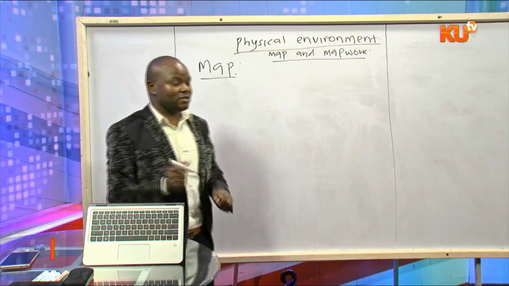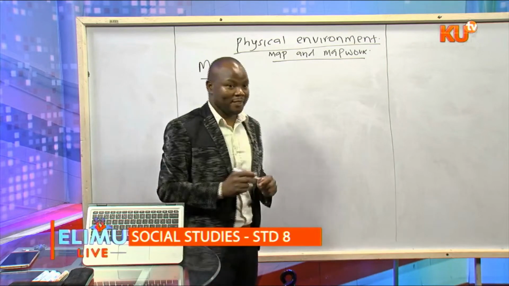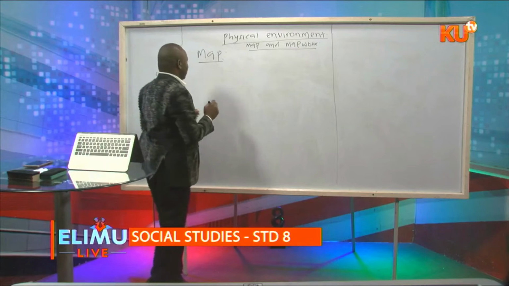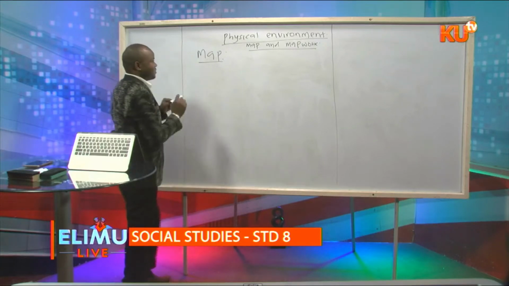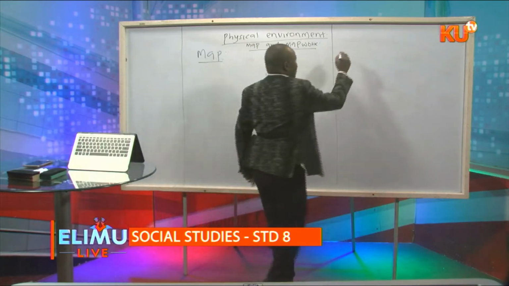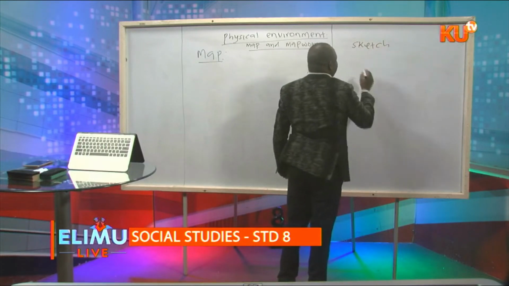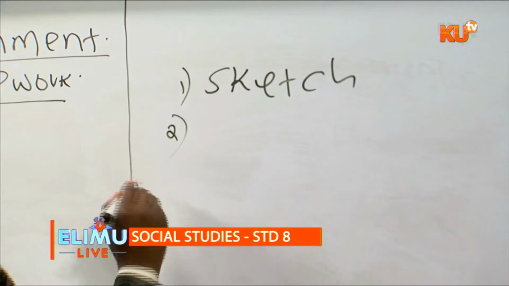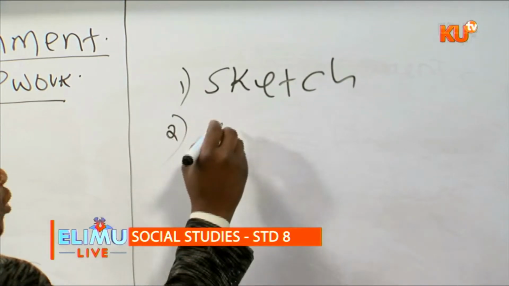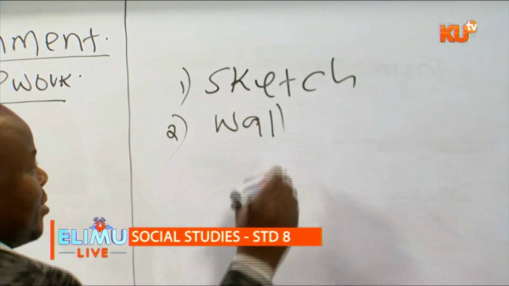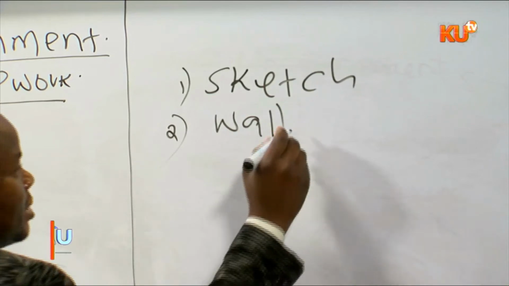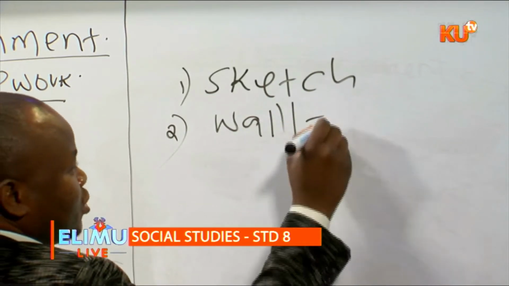And we are going to see that we have different types of map. At this point, we are going to discuss different types of map. The first one, we have what you call the sketch map. Number 2, we have what you call wall map. They are also called topographical map.